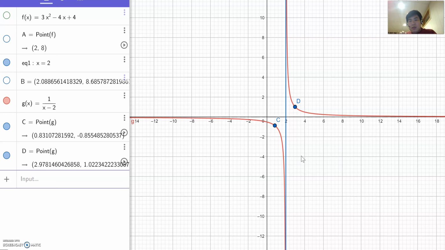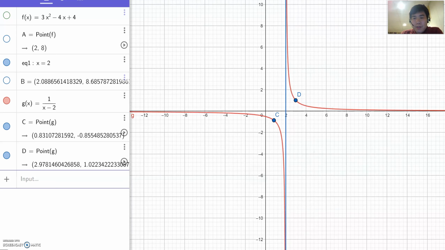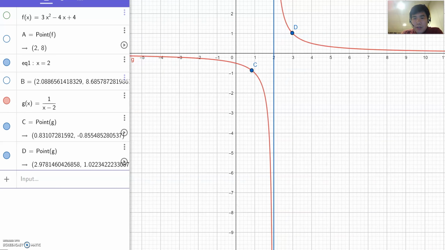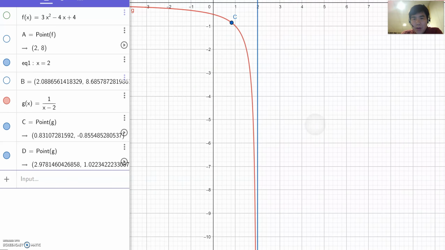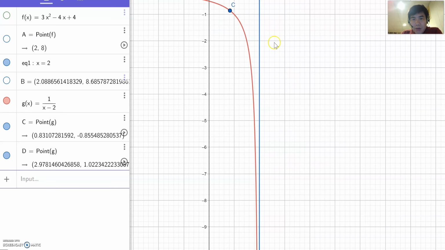Now I'm going to zoom in on the negative side first, and then we think about what is going on. Whenever I move this point like this, what do you see? Look at this, please. Whenever I move here, as the x value approaches 2, the y value moves to the negative.